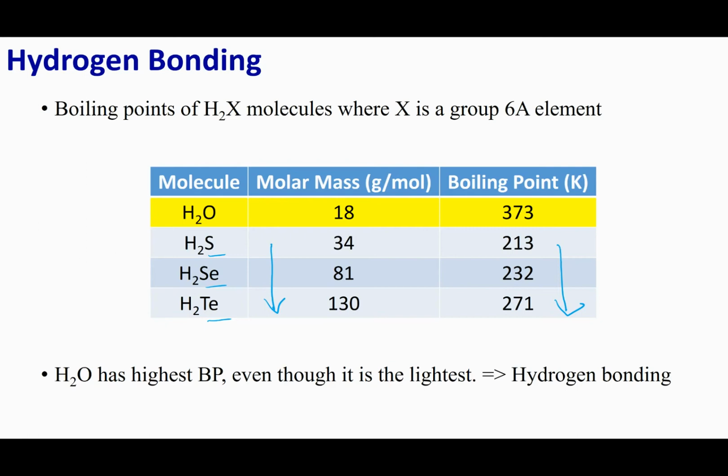The bigger my molecule, the bigger my LDFs, the higher my boiling point is going to be. However, there is one outlier in here, and that happens to be H2O. Now, H2O is the only molecule here with hydrogen bonding. And because it has that special dipole-dipole, it has the greatest amount of intermolecular forces, and that means it has the highest boiling point.